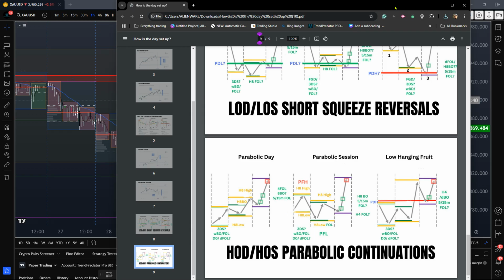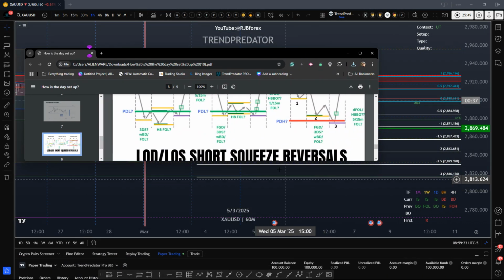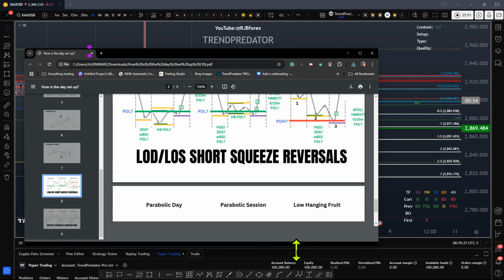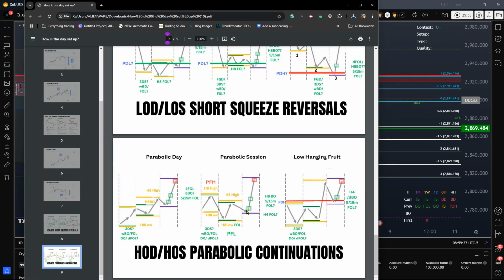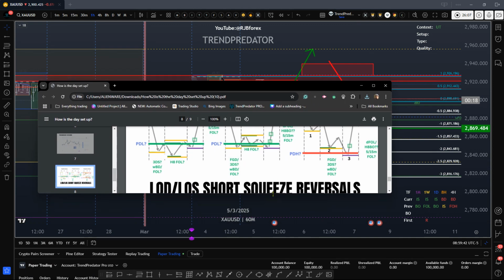So depending on how the London session concludes, we've come down, putting in a low below the Asian low, as you can see. So that's somewhat similar.